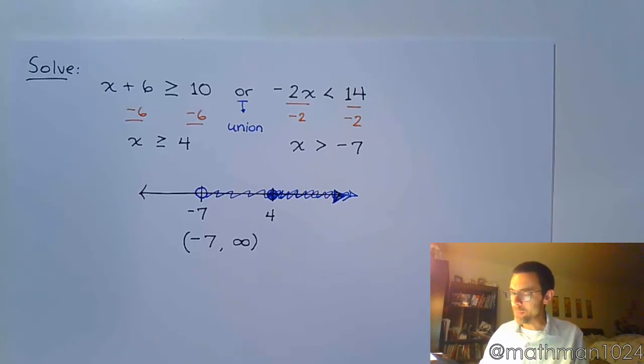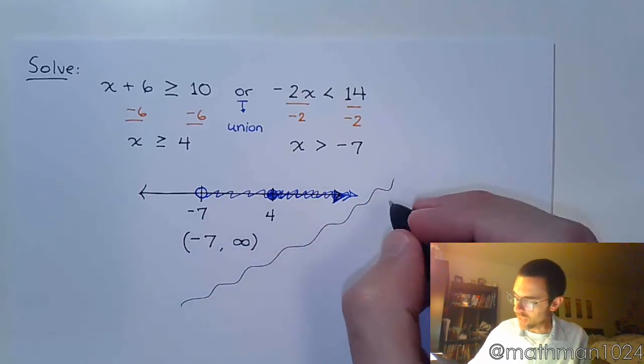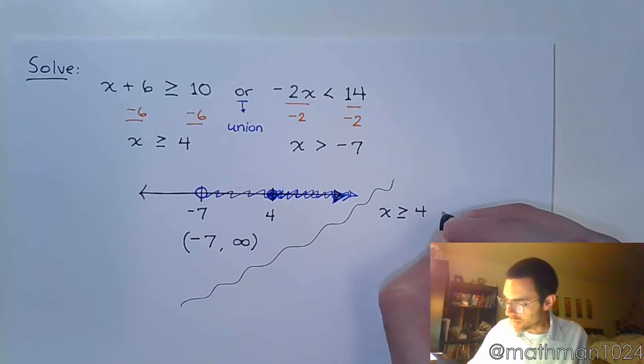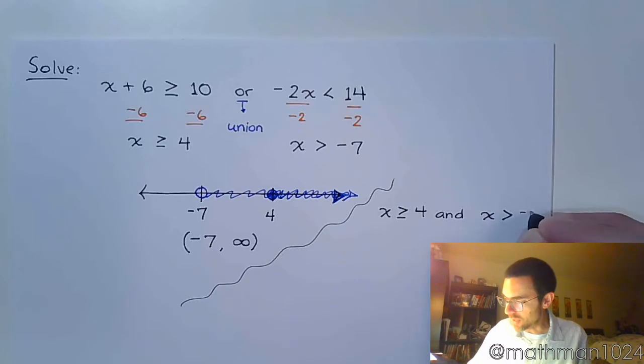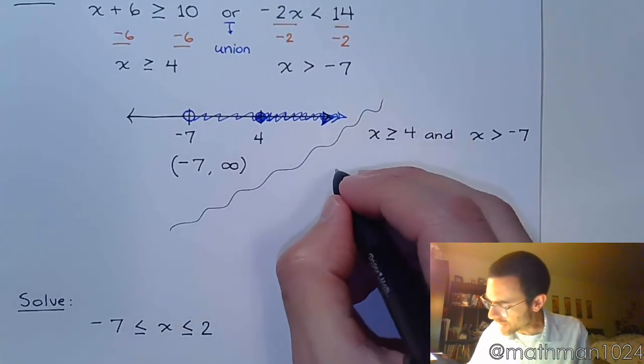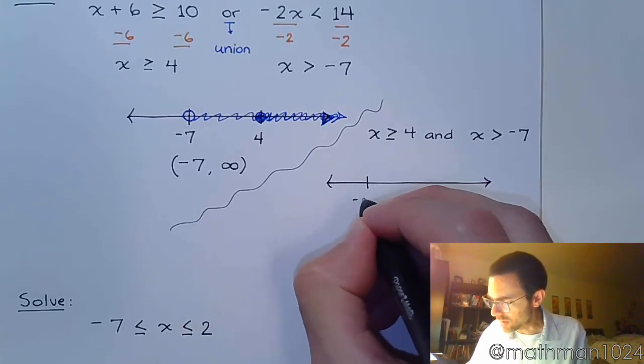Now, on a little side note here, if instead it had said x is greater than or equal to 4 and x is greater than -7, would that have made a difference? Well, since that's "and," we'd be looking for the intersection.